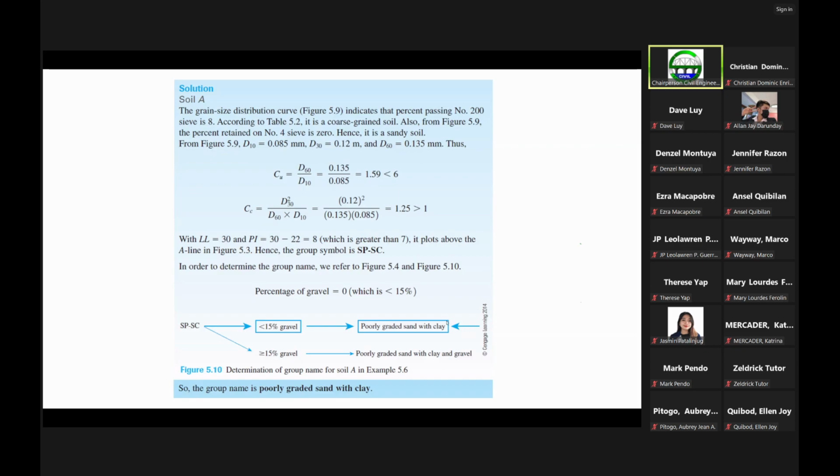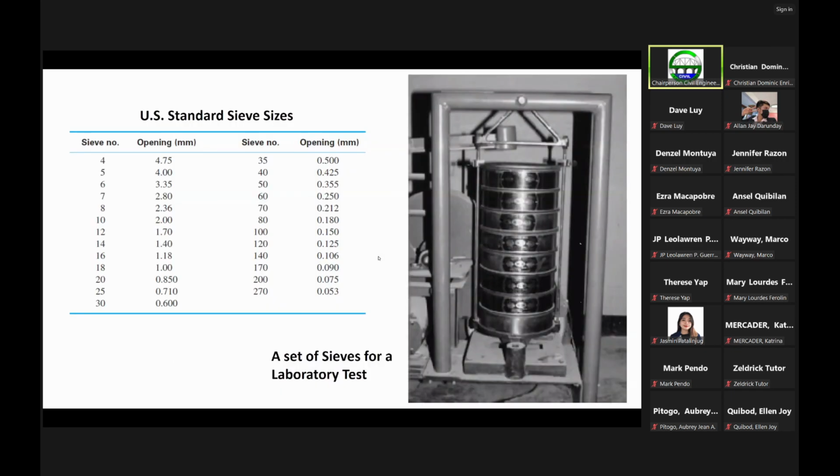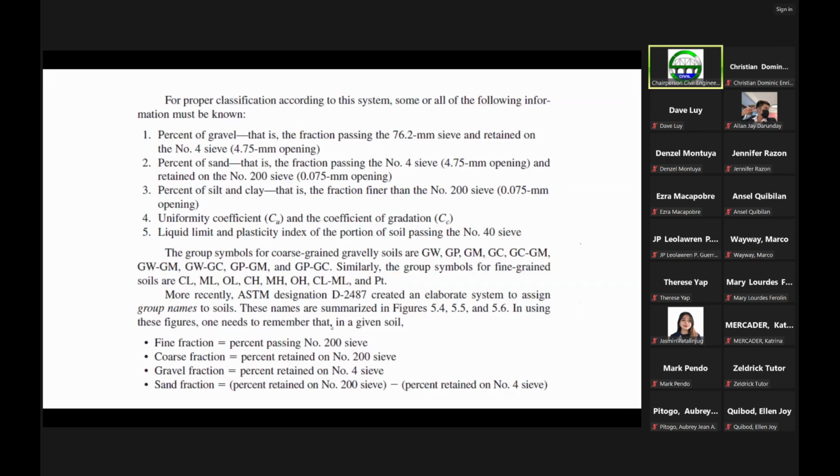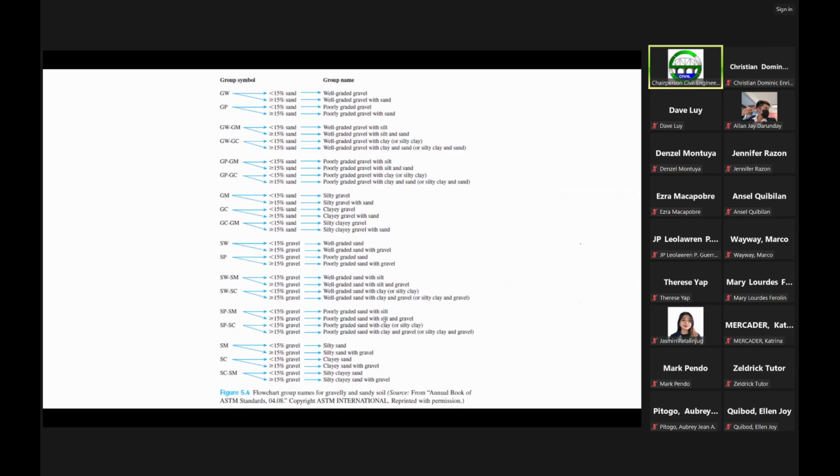So that means the group name is a poorly graded sand with some clay, because that's SP-SC. Again in the table, that's SP-SC, a poorly graded sand with clay or silty clay. That is now your group name.